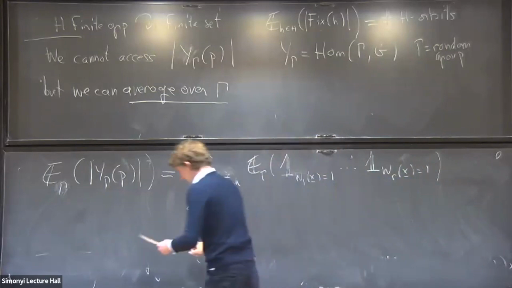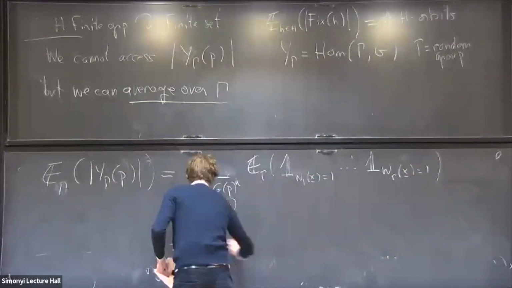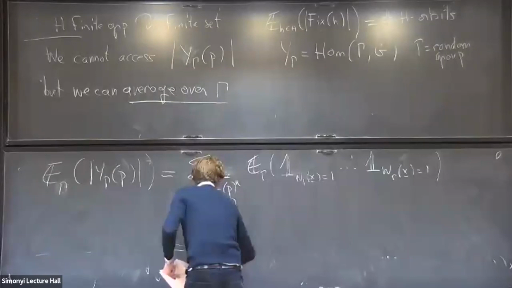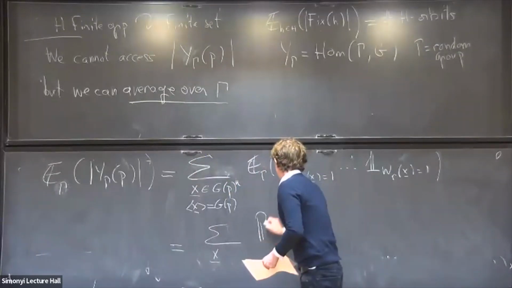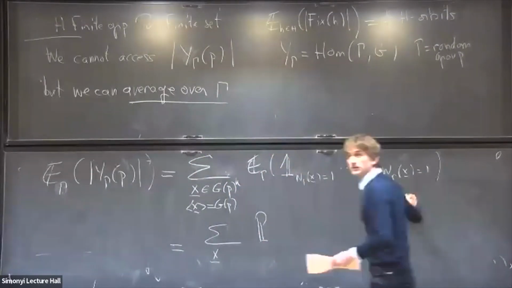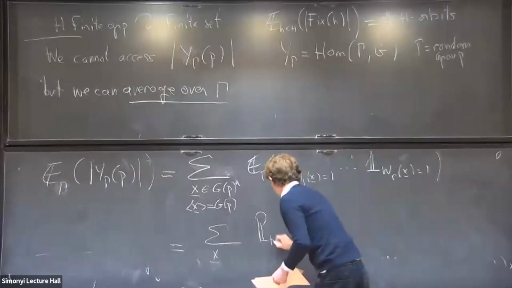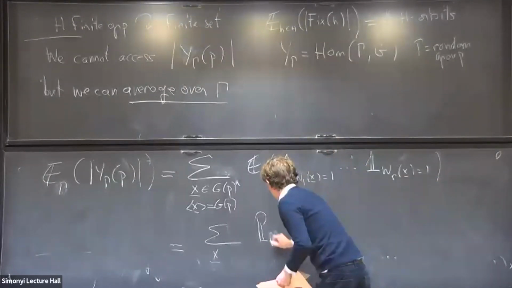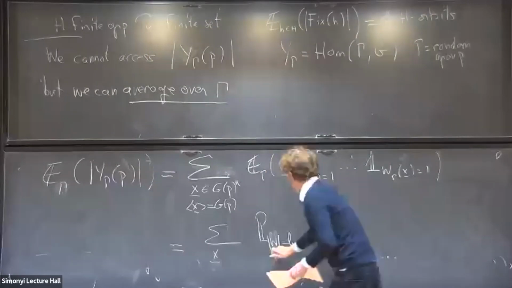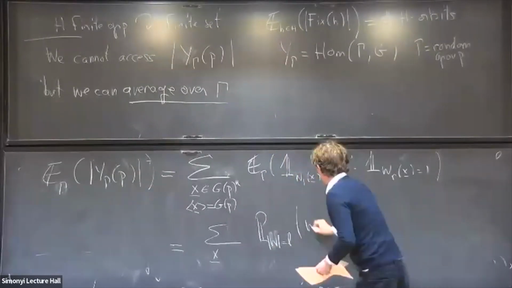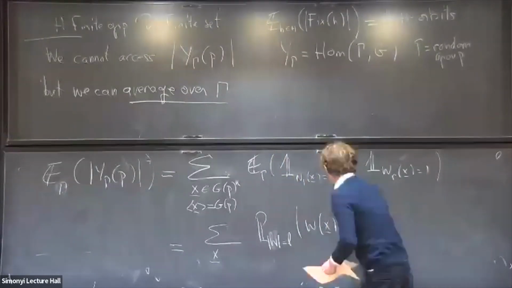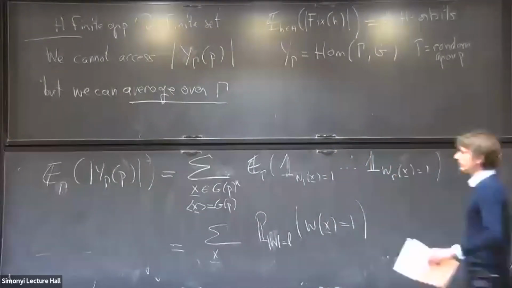So this is therefore just the sum, again, over the tuples, because they are independent, I choose these relators independently, it's going to be the probability that when I choose a word of length L, W of X bar equals 1 in G of P.